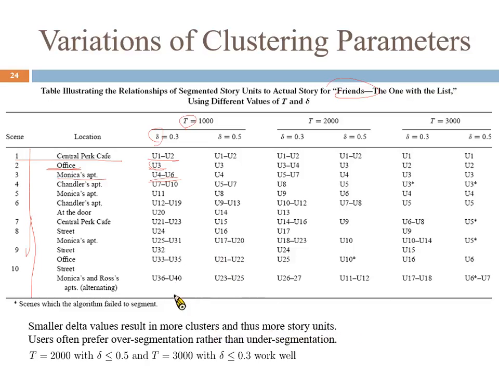By comparing these two, for example, with a smaller delta, we will terminate the clustering first, and then we retain more story units. Finally we will obtain more scene change results. So a smaller delta will cause over segmentation. So this is one observation.